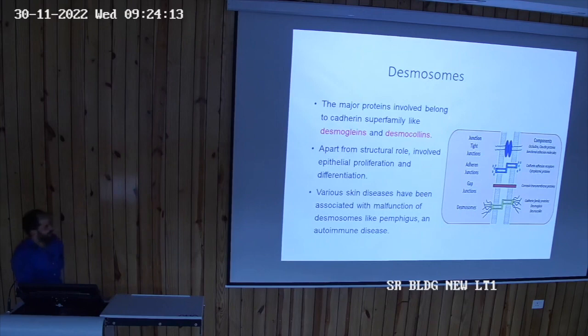Various skin diseases have been associated with malfunctions of desmosomes like pemphigus, okay, which is an autoimmune disease, and that autoimmune disease forms an autoantibody which destroys those structural support. Desmosomes के proteins को destroy करते हैं. Destroy करेगा तो क्या होगा, जो जुड़ा हुआ है तो थोड़ा loose हो जाएगा, isn't it? And there will be eruptions over your skin, okay.